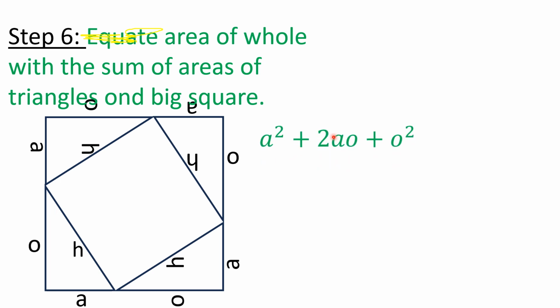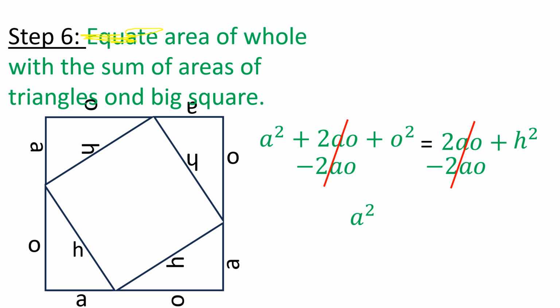This is the area of the whole. We equate it to area of 4 triangles plus area of only one big square. Now, if I take away this expression from both sides and I simplify, I am left with adjacent squared plus opposite squared equal to hypotenuse squared.